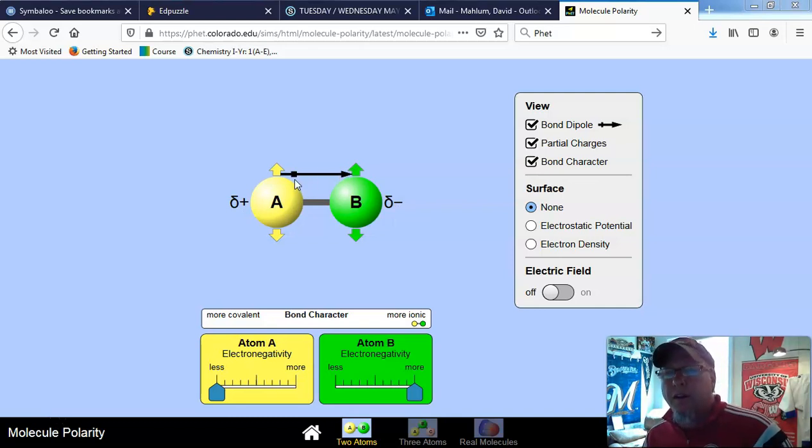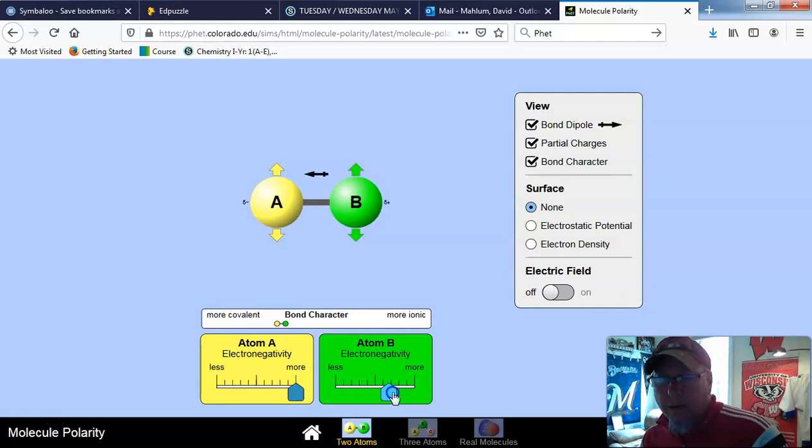The other thing that you might notice is this arrow is getting a lot bigger in between here. I refer to this end where it makes a little plus sign, and the little plus sign goes on the side that's more positive, and the arrow points to the direction that's more negative. So what we're showing is the direction of the electron flow. As I make the electronegativities more the same, you'll see that the arrow disappears and the partial charges disappear, because right now these two atoms have the exact same electronegativity again.